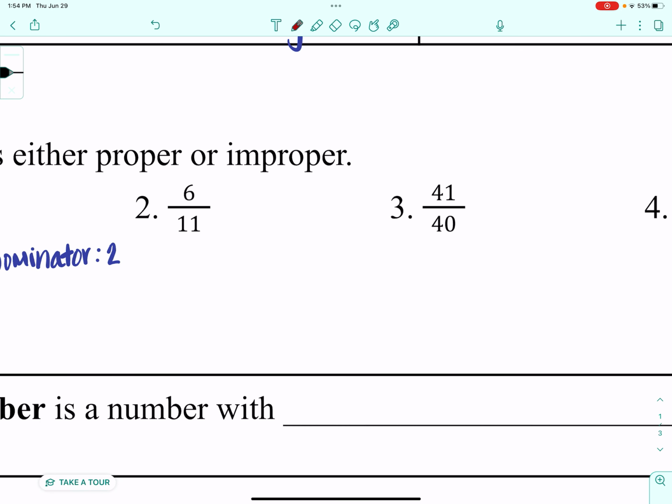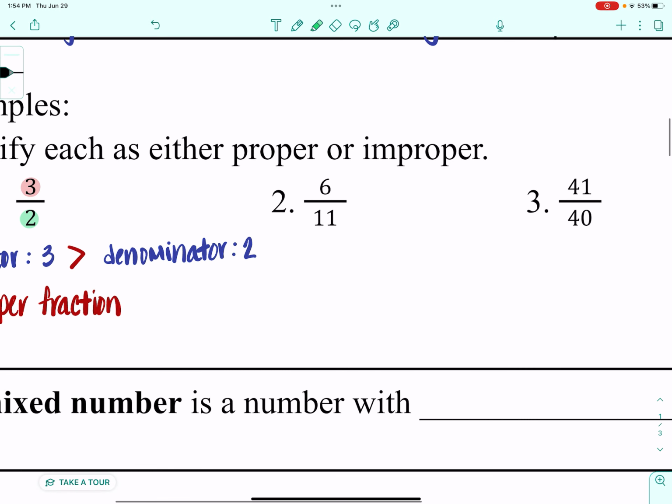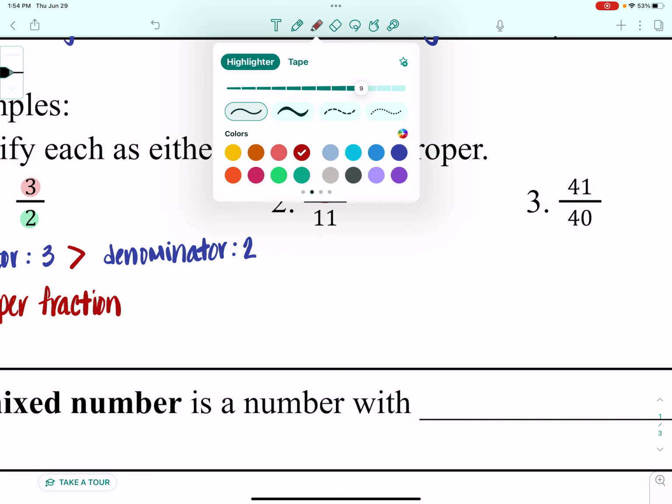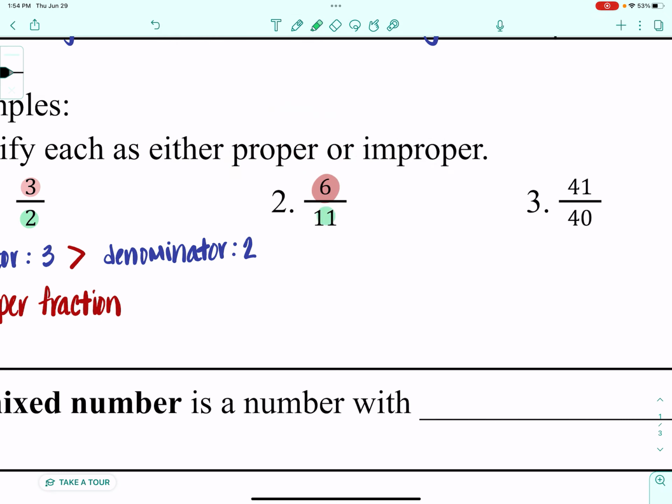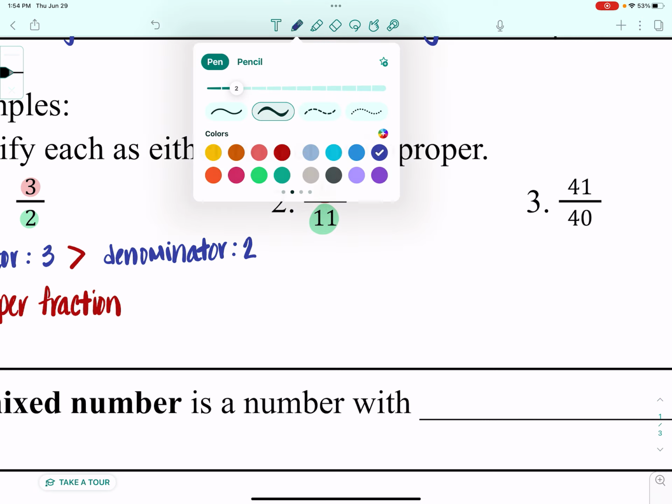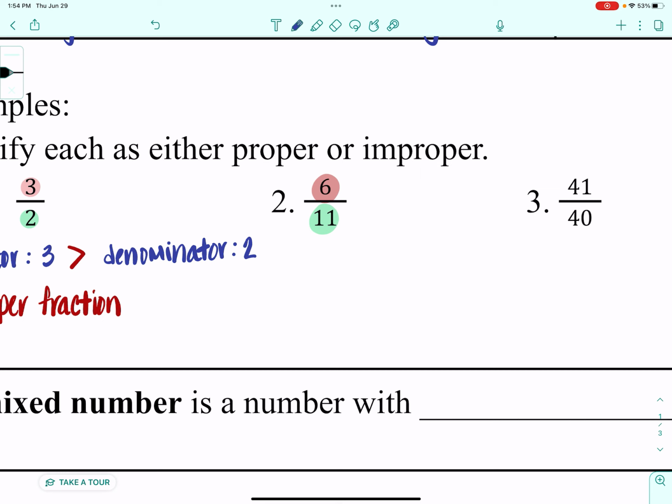We'll slide over to number 2. Again, we are going to compare the numerator to the denominator. I have a numerator of 6, a denominator of 11. 6 is definitely less than 11, so this is a proper fraction.